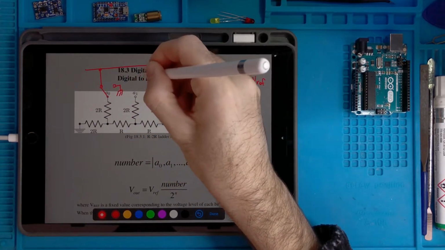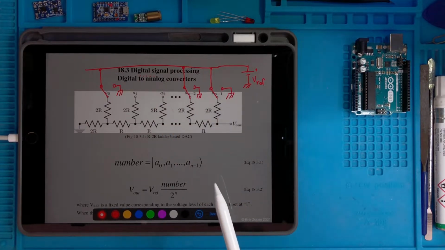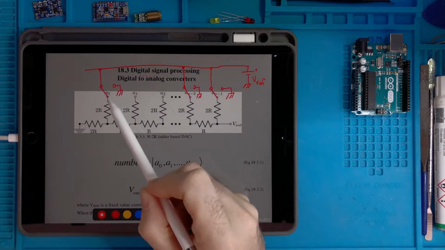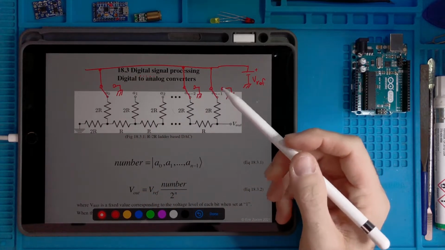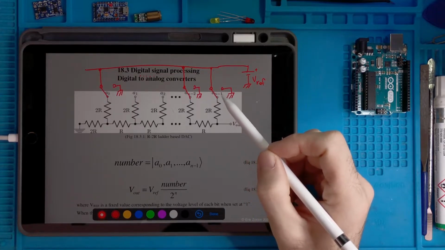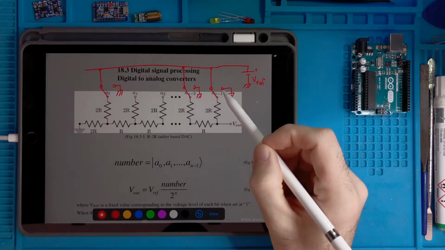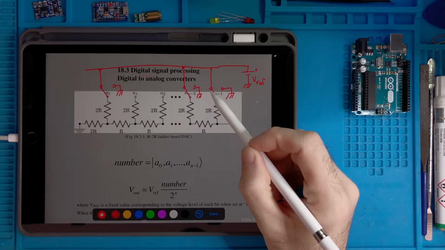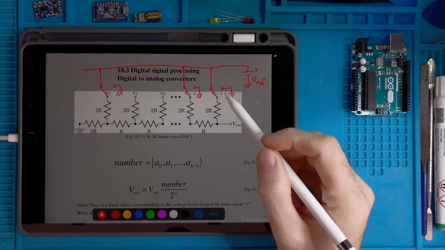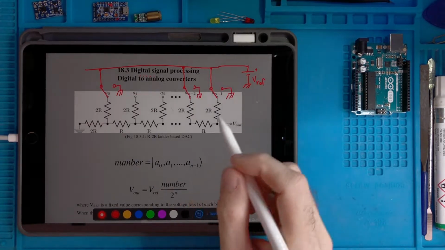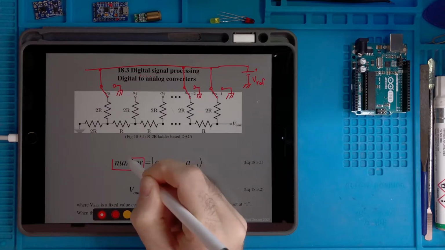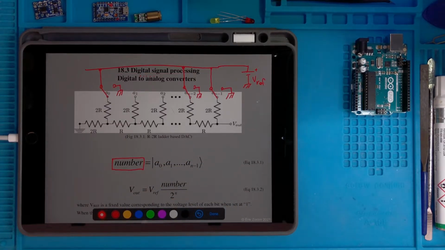So basically those switches would be transistors, of course, and they will connect the inputs either to ground or to Vref. So ground means 0, Vref means 1, and the configuration of those bits is the digital number.